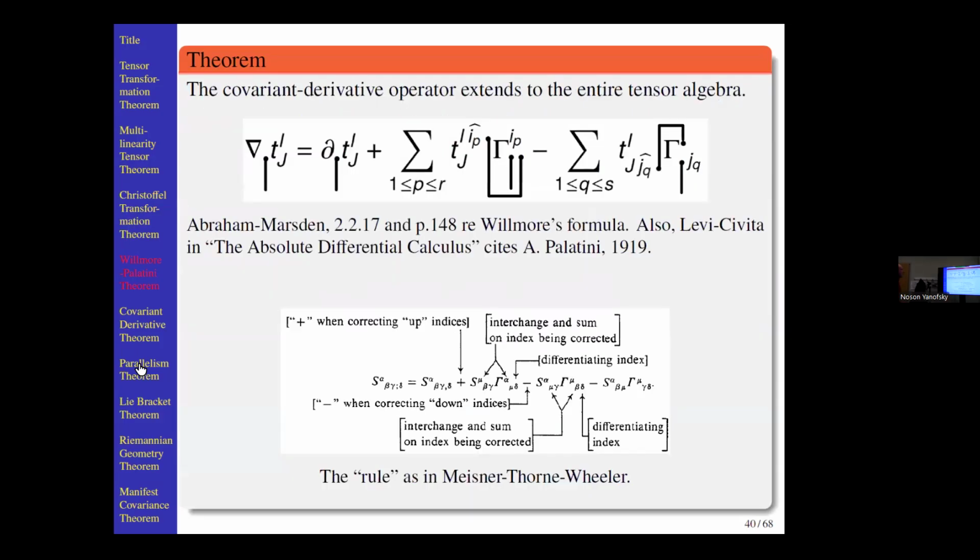I'm calling this the Ricci-Palatini theorem, and I'll talk about that some more, but this is how covariant derivative is extended from vector fields to tensor fields in general. And it's a beautiful thing.